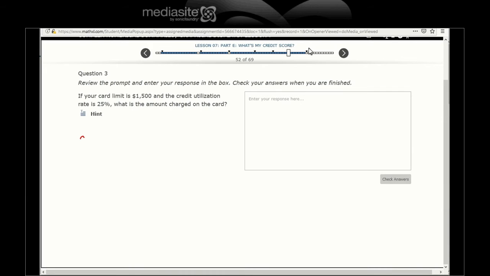So basically we have the 25%, which is 0.25 decimal equivalent, would be the amount charged over my limit, which is $1,500.